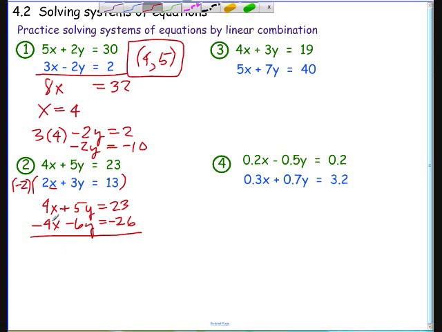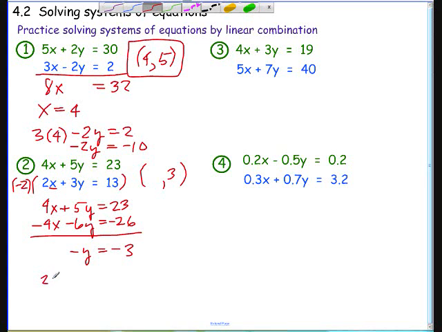Now I'm lined up to eliminate my x's. True? That will zero out. I'll be left with a -1y equals -3. So in this case, let's see, I've got my y is a +3. I have to figure out what my x is.